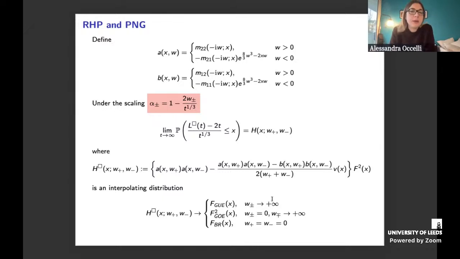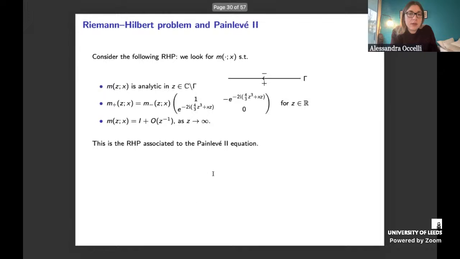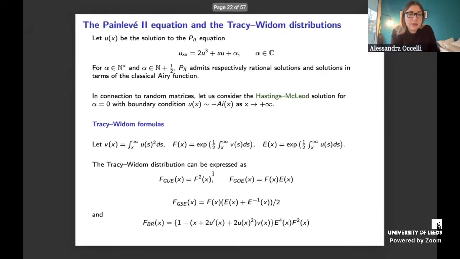When w plus or minus is 0, corresponding to alpha plus or minus equal to 1, you will have GOE squared fluctuations. And the case w plus minus equal to 0, basically alpha plus minus equal to 1, you will observe the Baik-Rains distribution. So you have asymptotics for this A, B, and V that will give you this formula.